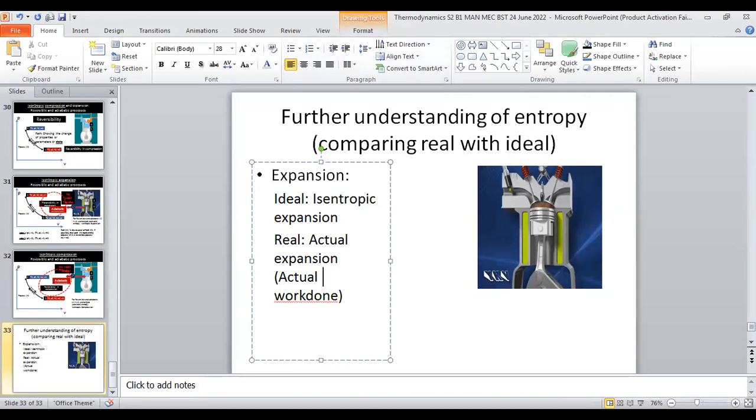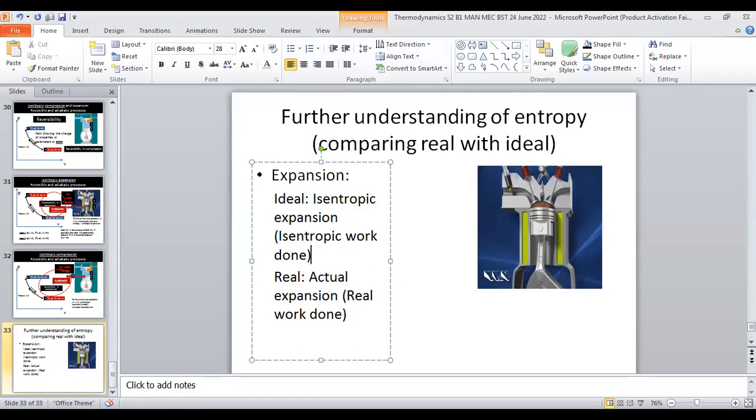Actual means real. Okay. So I use the word real. So here, ideal, we call ideal, let's see, isentropic work done.